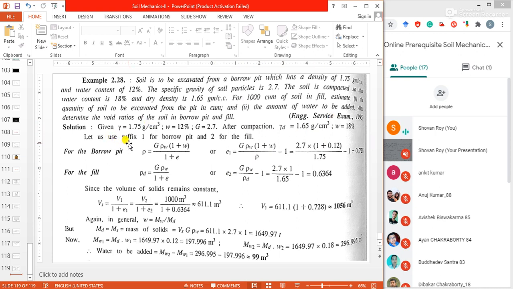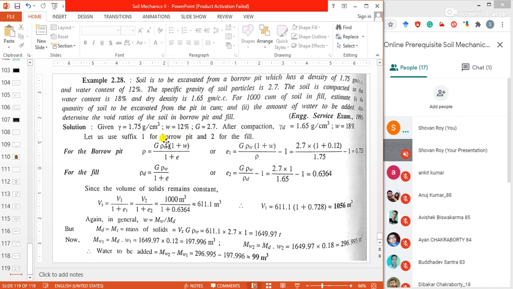Let us use suffix 1 for borrow pit and 2 for fill. For the borrow pit, this is the density. This is the formula, because we have specific gravity, water content, the density of water, and the void ratio.